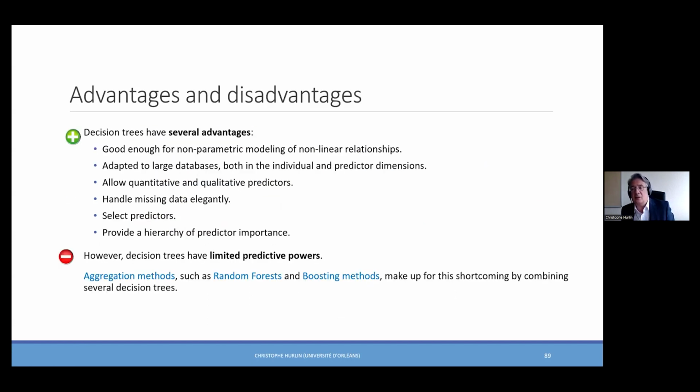What are the advantages and disadvantages of a decision tree? Decision trees have several advantages. The first is that they are good enough as a non-parametric model for modeling a non-linear relationship.